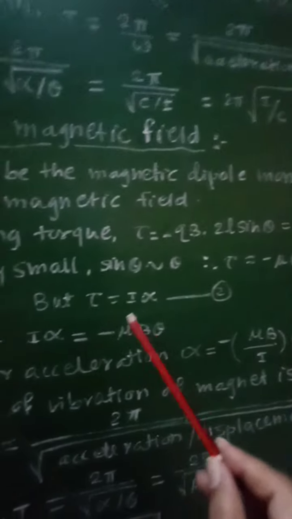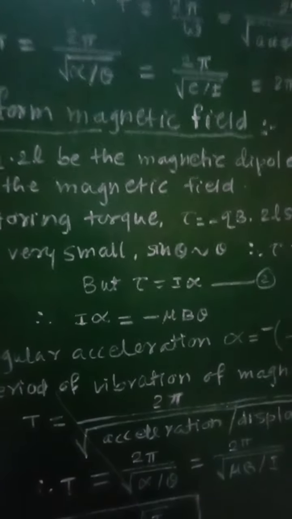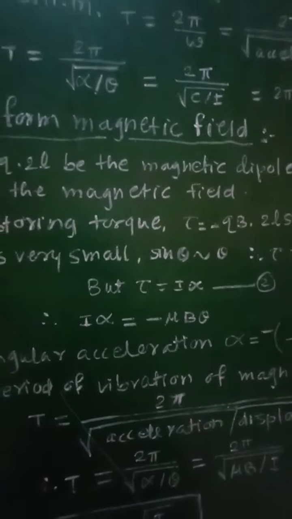Comparing 1 and 2, we can write I alpha equal to minus mu B theta. Now the angular acceleration of that magnet, alpha, will be given as minus mu B theta upon I, and therefore it will be written as minus mu B upon I into theta.